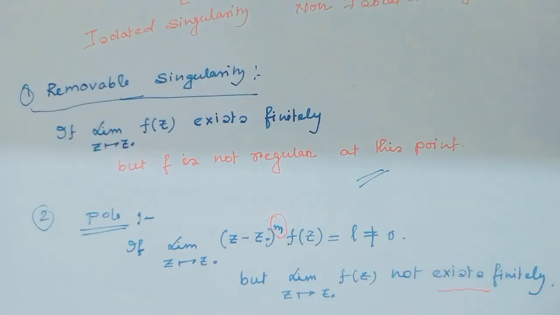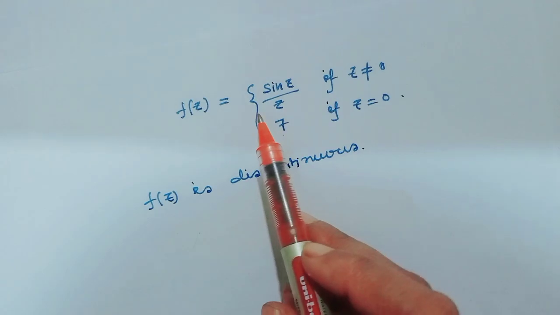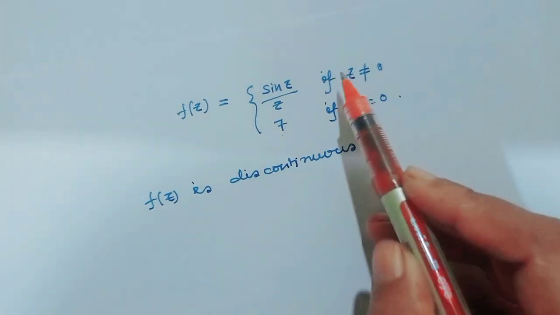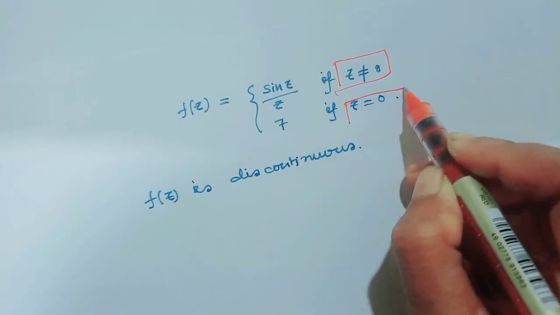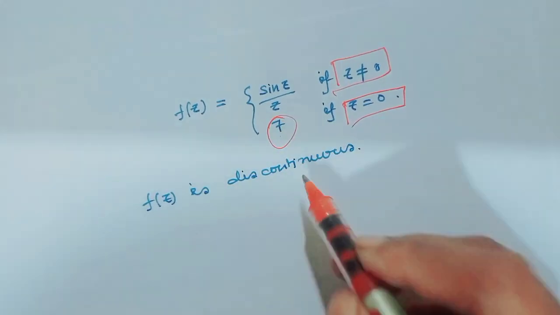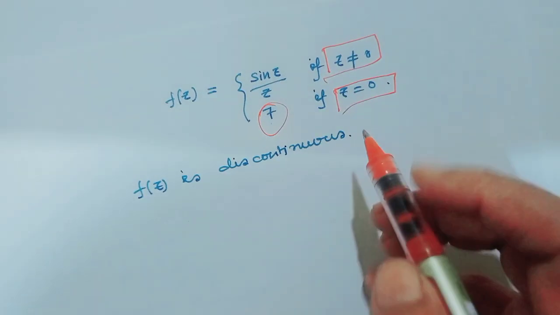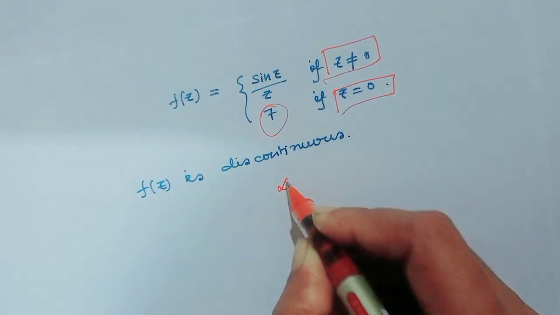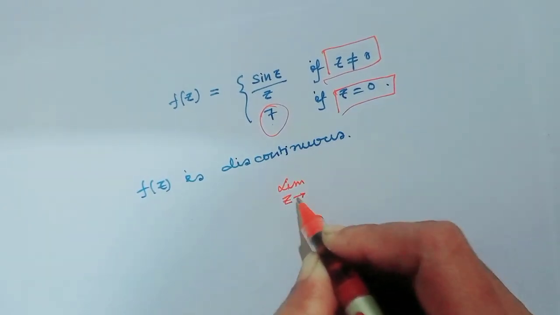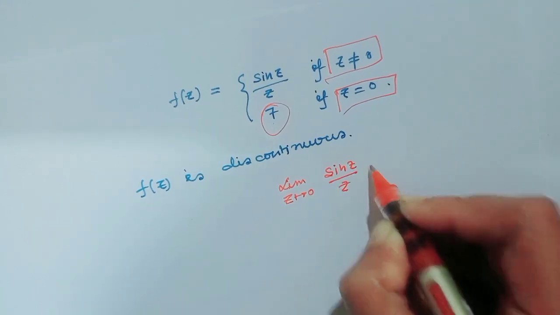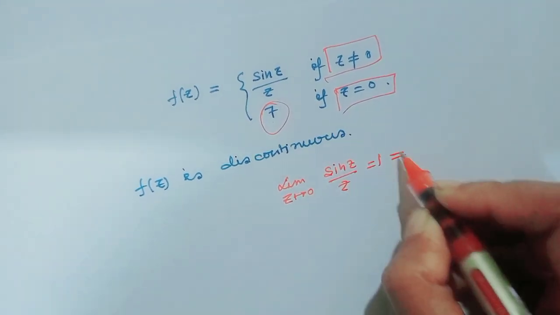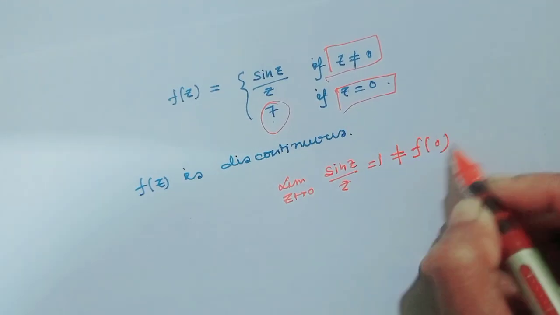Example: f(z) = sin z over z when z is not equal to 0, and when z equals 0, the value is 7. Obviously the function is discontinuous because the limit as z tends to 0 of sin z over z is 1, which is not equal to f(0).